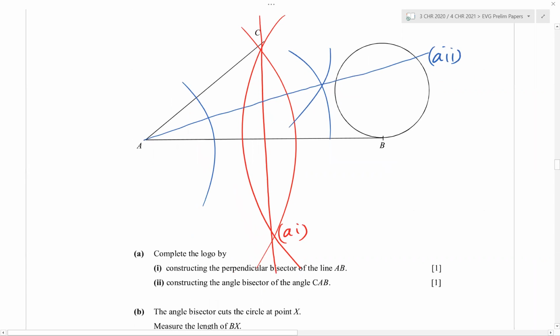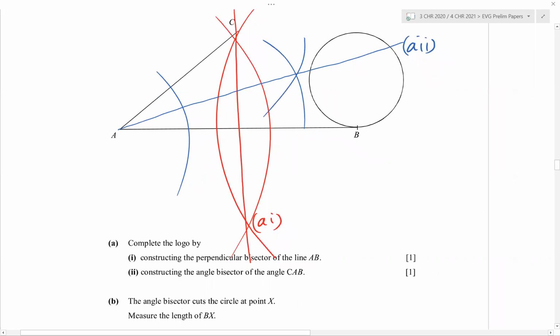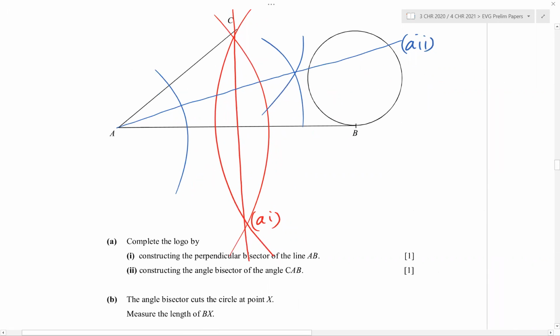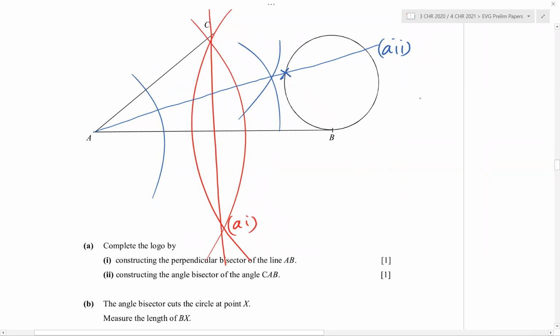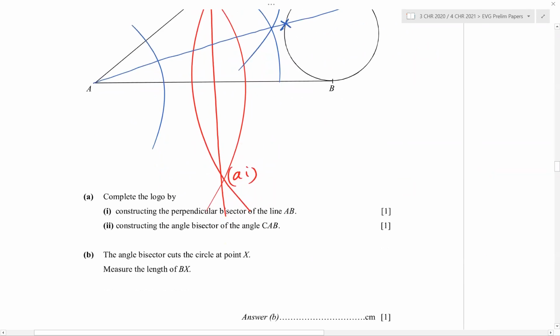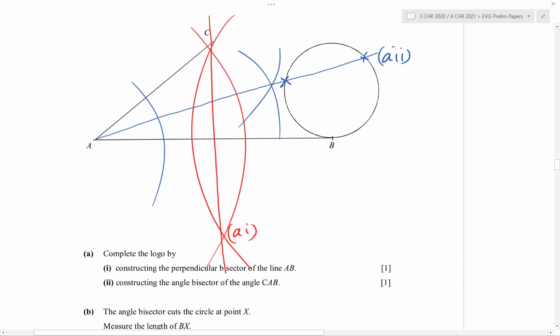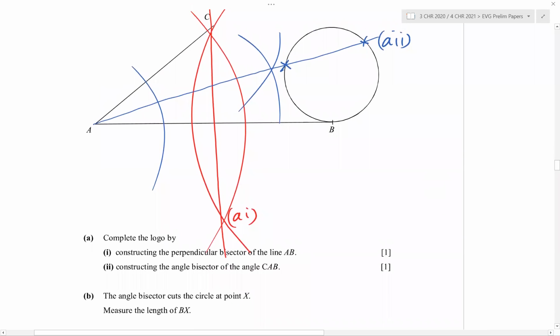Angle bisector cut circle at X. Measure the length of BX. CAB, it cuts at 2 points. Okay, now for part B, there's actually an issue with the question. Your angle bisector cuts at 2 different points. This is X1 and this is X2. This shouldn't have happened. I hope the students last year actually asked the examiner, how come it cuts at 2 points?